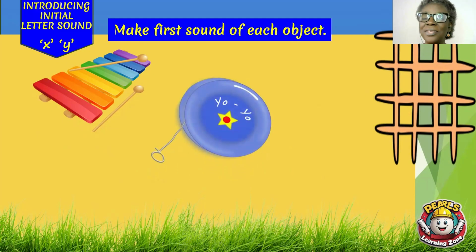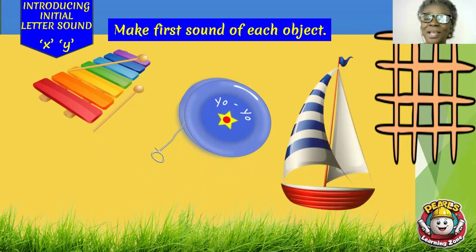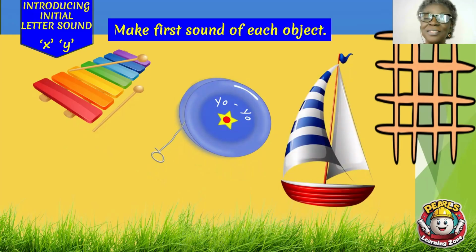Good. How about this? Yo-yo. Good. This is yo-yo. What's the first sound you hear when you say yo-yo? Yo. Again. Yo. Beautiful. And this, try it. Yacht. Good.